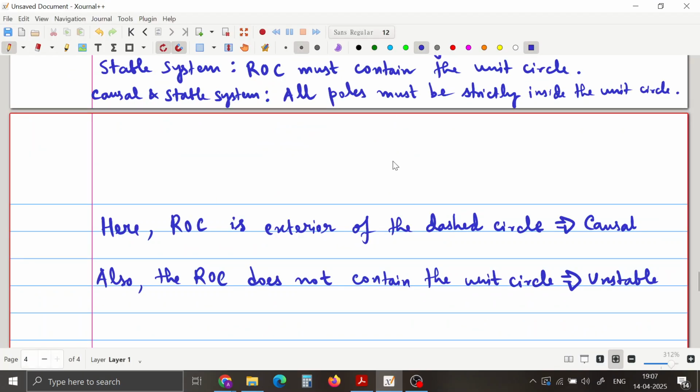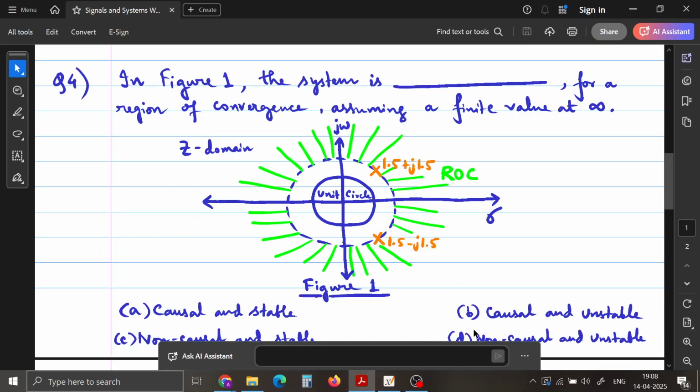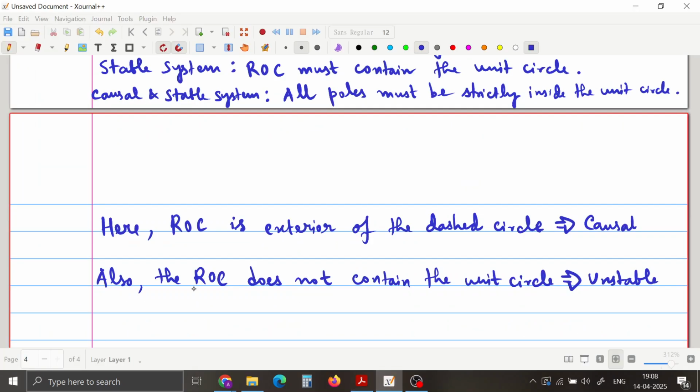For stability and causality, they need to be strictly inside the unit circle. If they were just at the boundary of the unit circle, then we could have gone for marginal stability, but here it's not the case. So it's an unstable system, but it is causal. So the correct option is causal and unstable, which is option B.